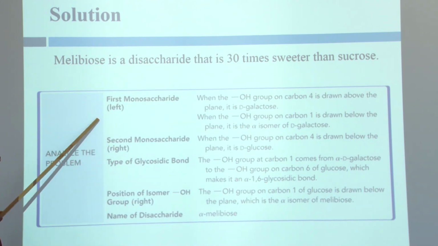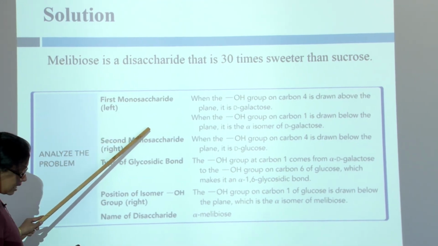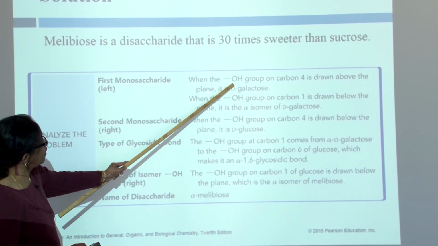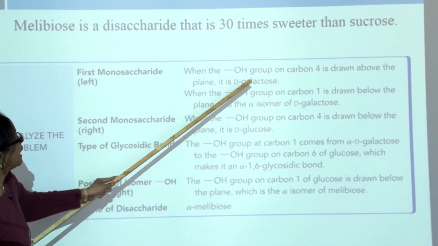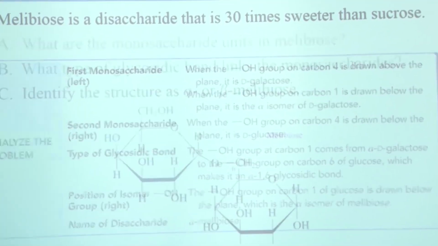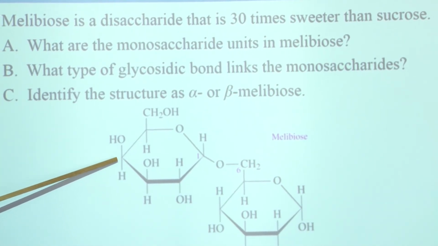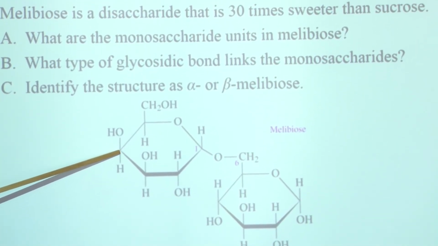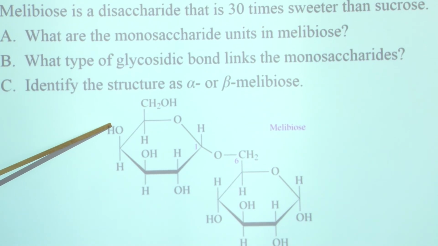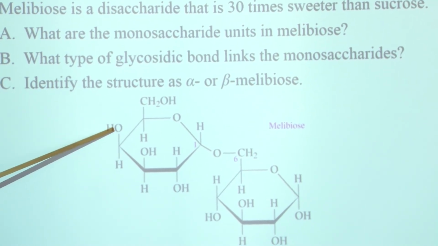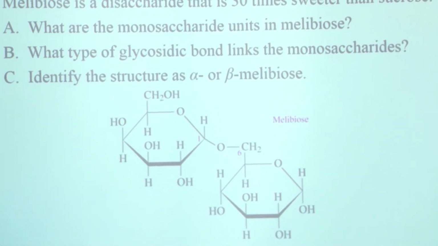First monosaccharide. When the OH group on carbon 4 is drawn above the plane, it is D-galactose. First molecule. The OH is drawn above the ring. It is galactose, D-galactose, okay?